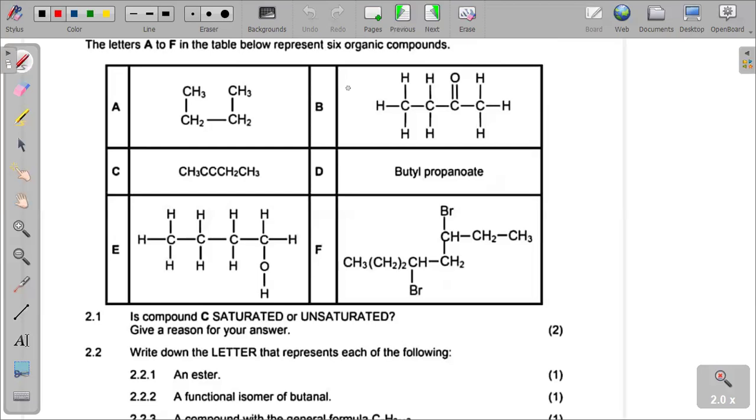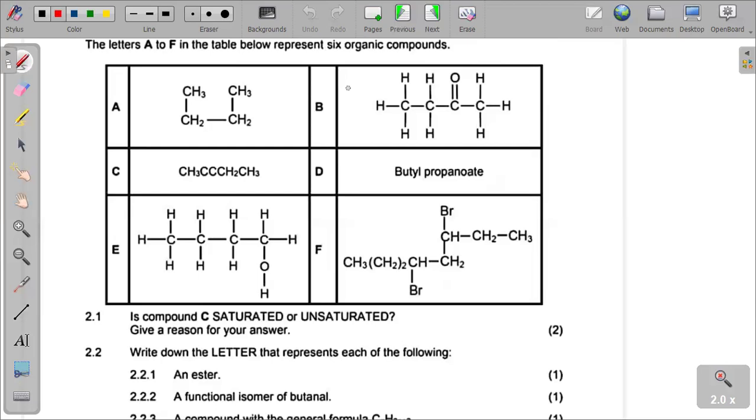A saturated organic compound consists of only single bonds between its adjacent C atoms. That one is not consisting of only single bonds. Unsaturated means it can have double, or even triple bonds, right? So that's unsaturated.